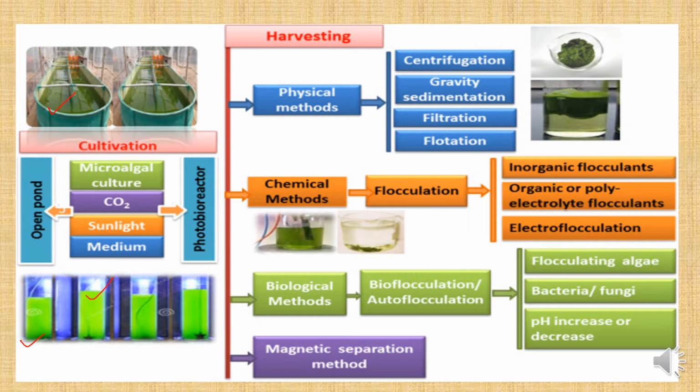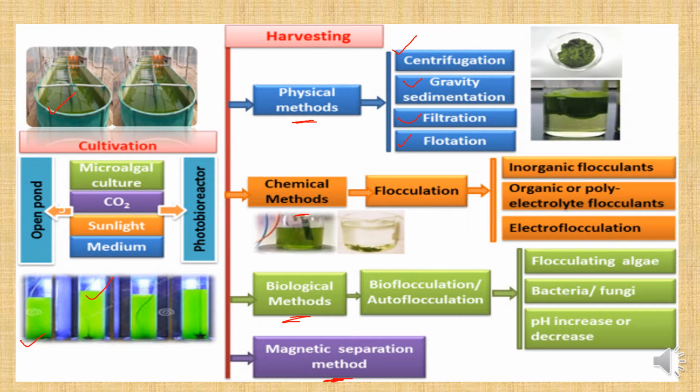Today I will be discussing the harvesting techniques, which are divided into fourfold: the physical method, the chemical method, the biological method, and the magnetic separation method. Physically, we will be discussing the centrifugation technique, the sedimentation technique, and the filtration and flotation techniques.